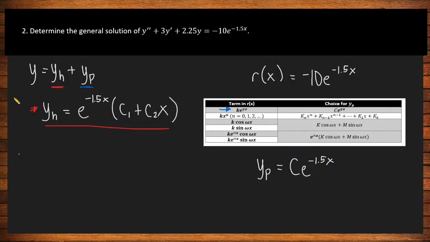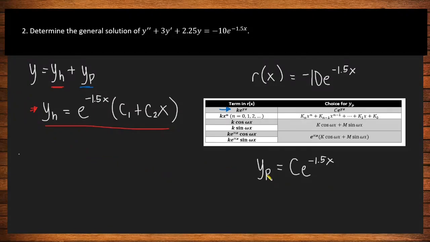Pero kung mapapansin nyo, itong y sub p natin is also a solution to our homogeneous ODE. Okay? So dito sa y sub h natin, so ito, bali e raised to negative 1.5x times c1. So ito din yung y sub p natin. In this case, hindi natin pwedeng gamitan agad-agad itong y sub p na nakuha natin sa table.